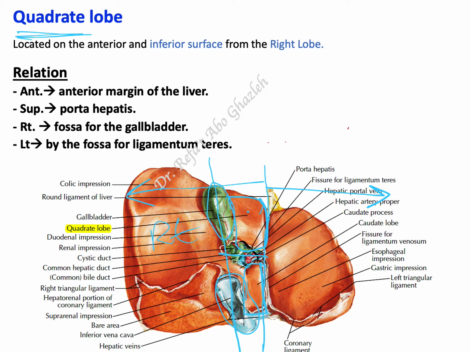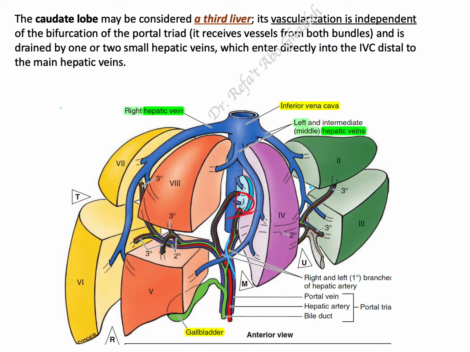And functionally, as I mentioned previously, the caudate lobe and the quadrate lobe both are parts of the left lobe functionally. Why? Because this is the left lobe, and this is the quadrate lobe, and this is the caudate lobe.